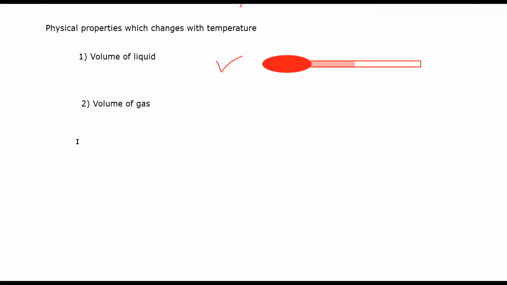Same thing, as the temperature changes, the pressure of the gas also changes, which can also be used to design a thermometer.